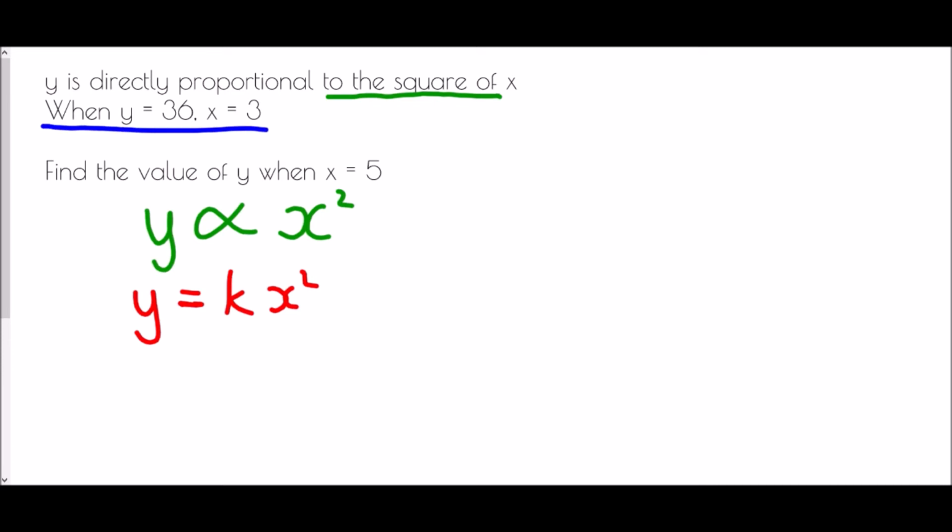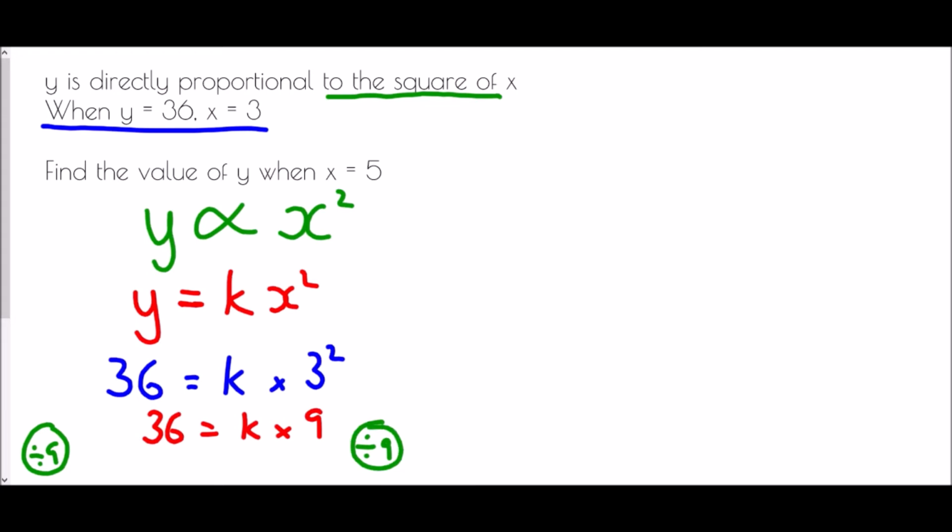So we replace our y value with 36, and we replace x squared with 3 squared. So that is k times 3 squared. And what is 3 squared? Well, 3 squared is 9. So that means 36 equals k times 9. And so what must k be? Well, I'm going to divide by 9 on both sides.